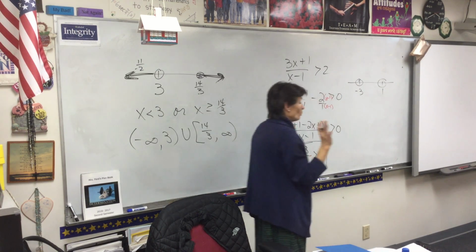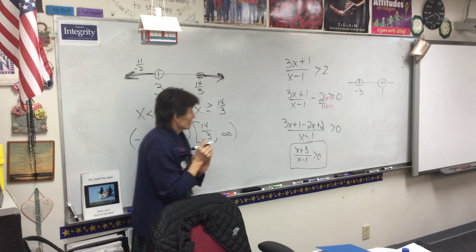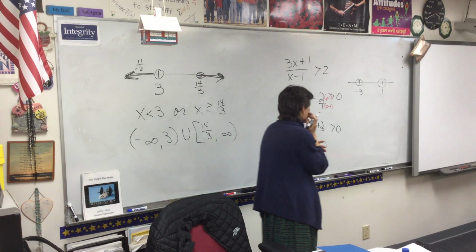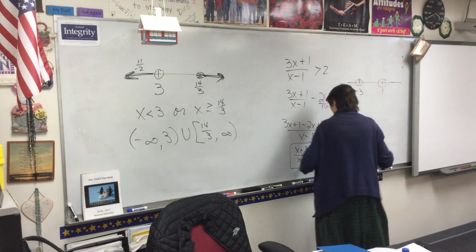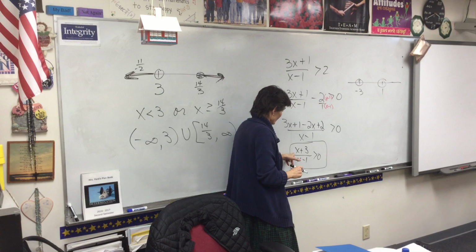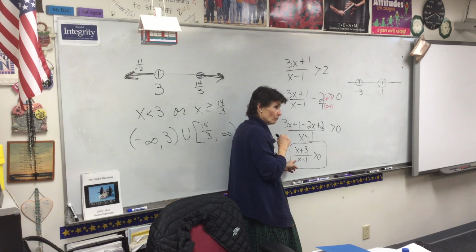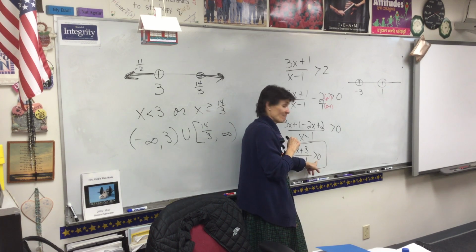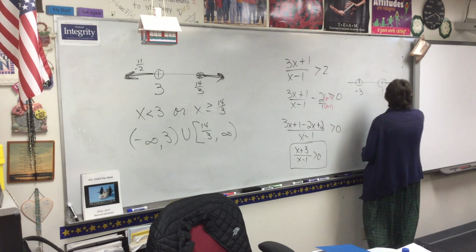Now, they're both going to be open this time. No need to worry. Pick a number, not either one of those. 2. 2's out here. We put in 2, what do we get? 5 over 1, which is 5. Is 5 bigger than 0? Yes. So we shade.